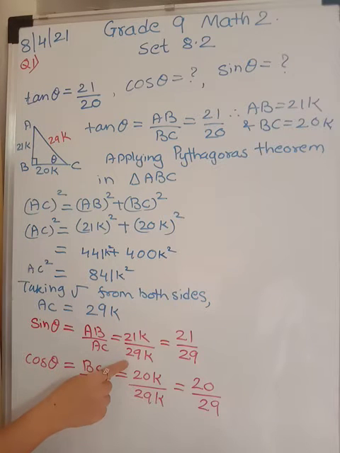So 21K upon 29K, and cos theta as 20K upon 29K, BC upon AC. K gets cancelled and you are left with sin theta as 21 upon 29 and cos theta as 20 upon 29. So this is the end of this tabular form of question from 8.2, because the remaining 3 are reduced from your syllabus.